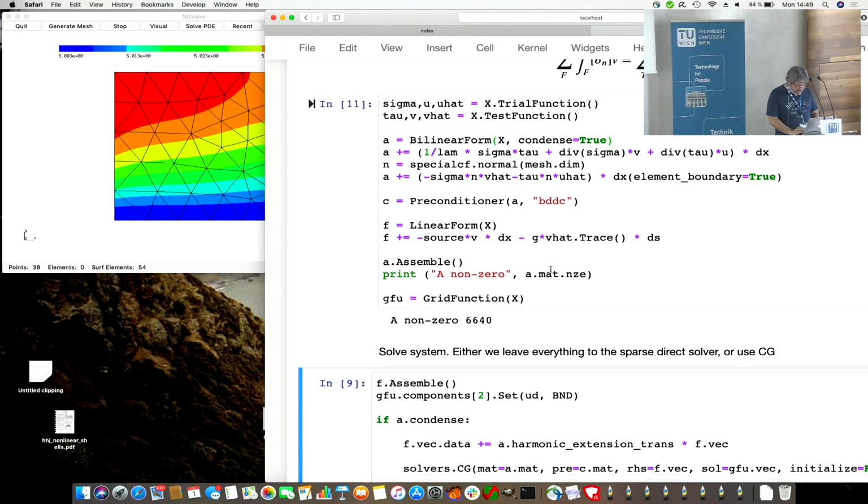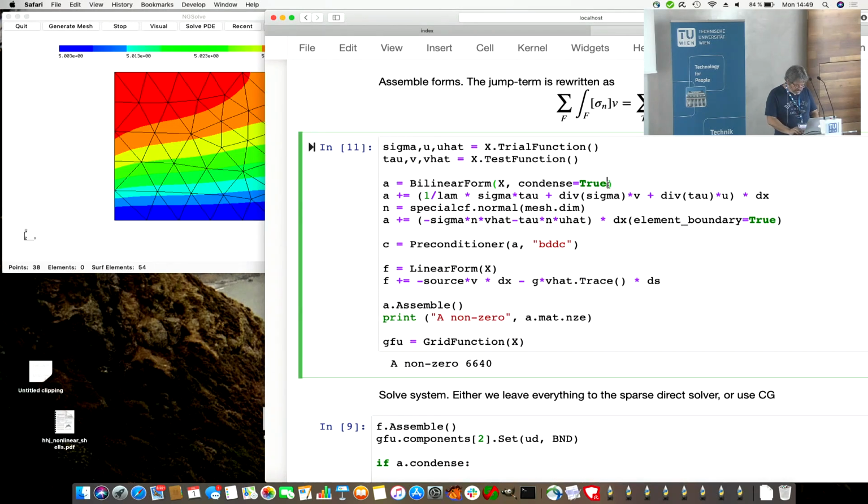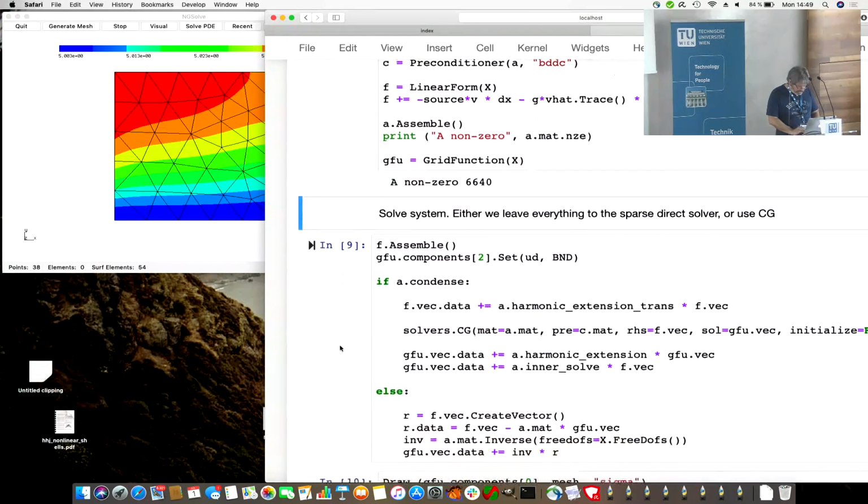we're looking at matrix entries. The final assembled matrix now has 6,000 entries, while without condense, oh wow, the matrix had above 70,000, ten times more matrix entries.